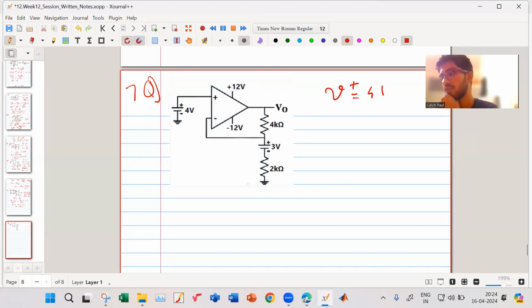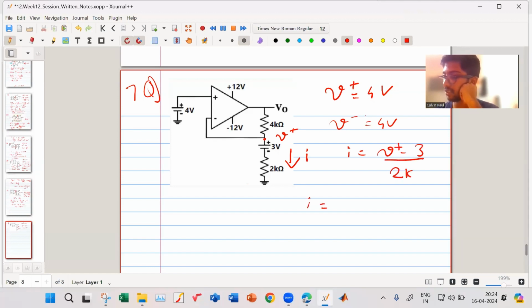The current going through 2K is half milliampere. This is your V plus, and this is some current I. The current I is V plus minus 3 divided by 2 kilo ohm, so I is 4 minus 3 divided by 2K, that is 0.5 milliampere.